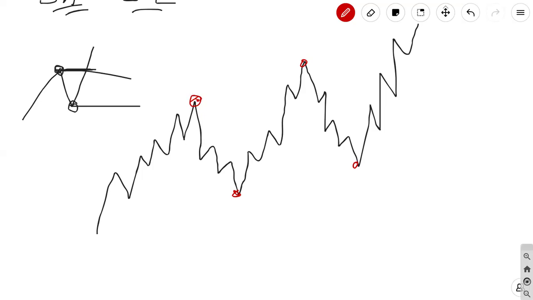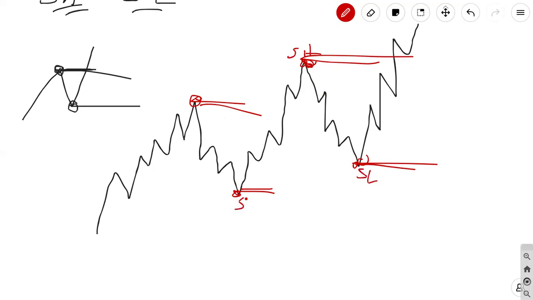Because this is the highest point of this structure here, and this is the lowest point of this structure here. This is the highest point of this structure, and this is the lowest point of this structure. So this is a swing high, this is a swing low, this is a swing low, and this is a swing high. That is swing point.